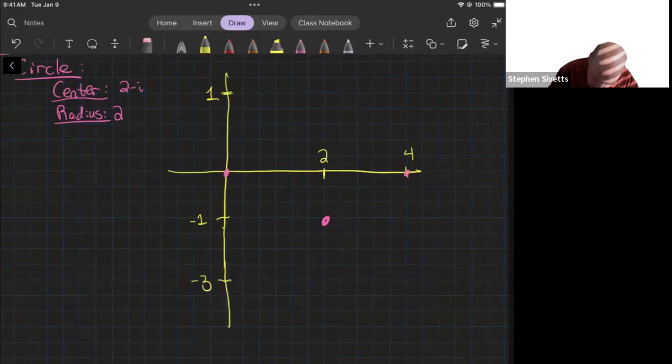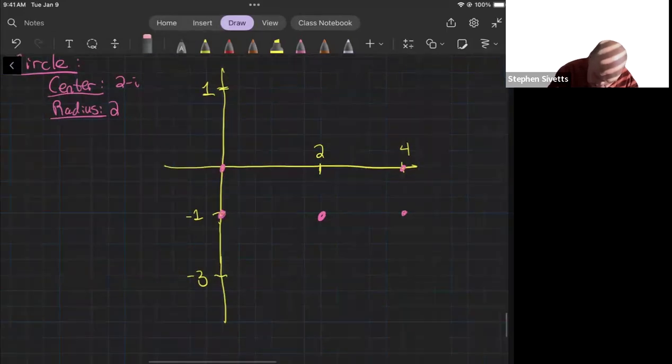Then 1 is here, and 2 would be here. Let me clean this up a little bit.